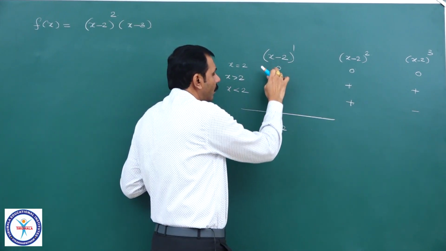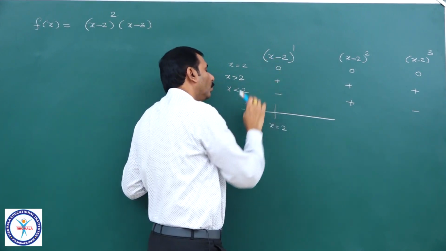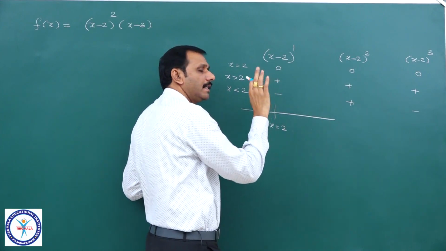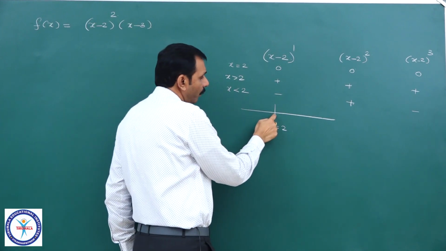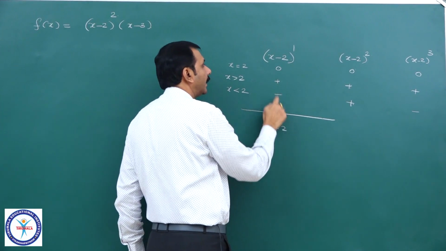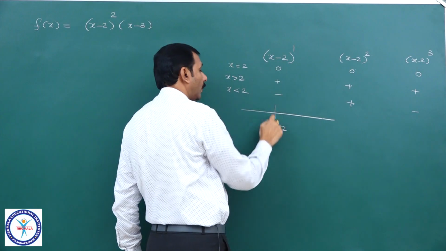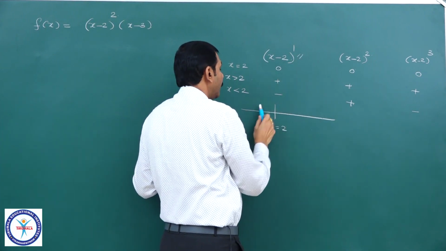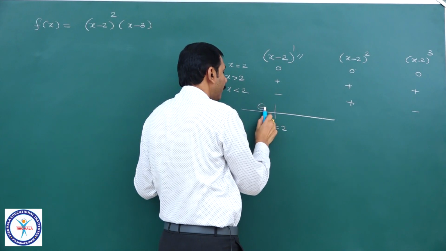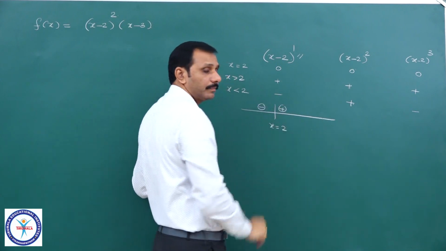Exactly at x equal to 2, all these will become 0 only. And when x moves from left to right of this root x equal to 2, when the power is odd, the sign of this will go from negative to positive.